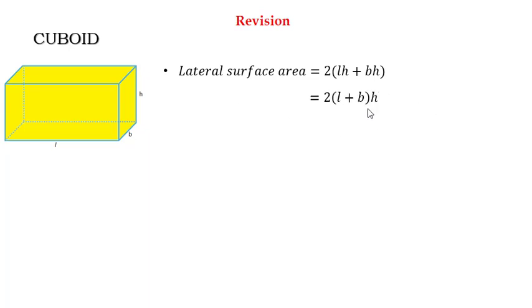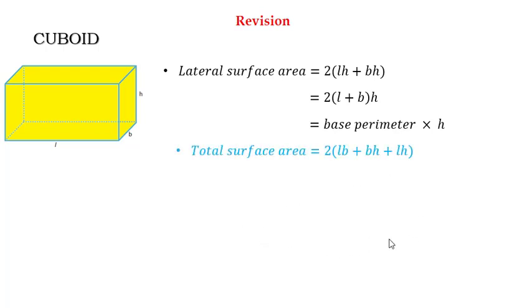I can take H common, so it is 2 times (L plus B) into H. Now this 2 into (L plus B) is base perimeter. You can see this base perimeter is 2 times (L plus B) into height. So lateral surface area you can either use 2 times (L plus B) into H or base perimeter into height if base perimeter is given.